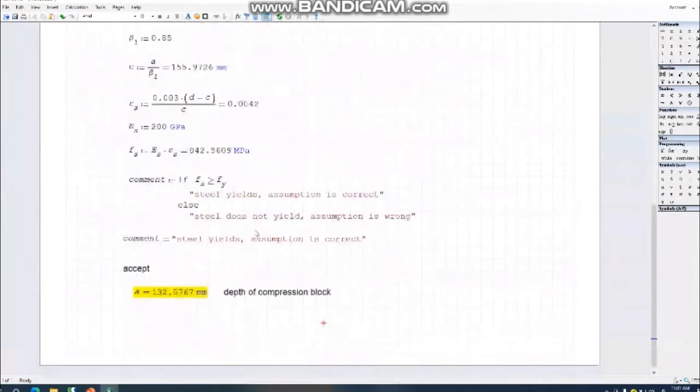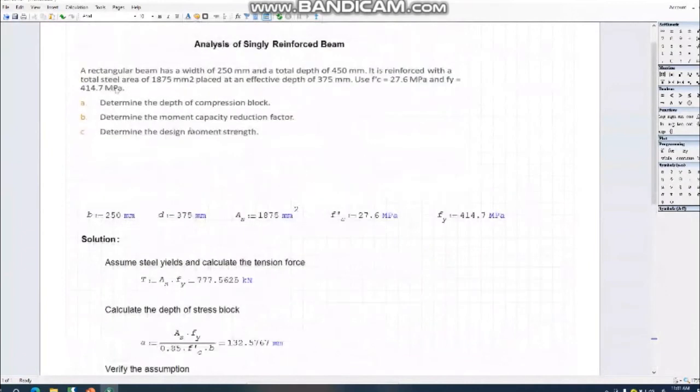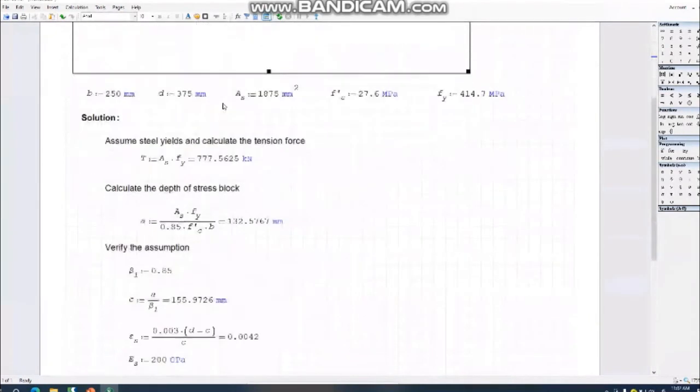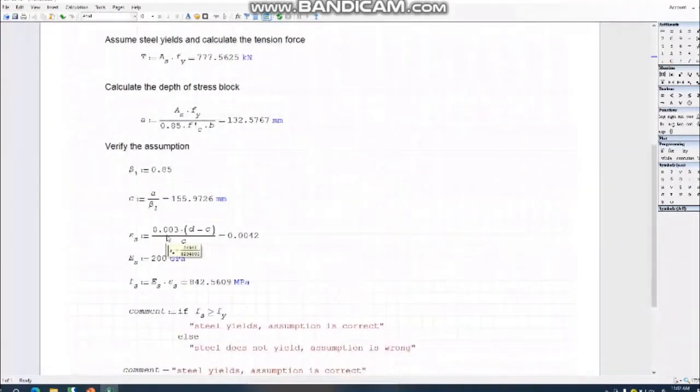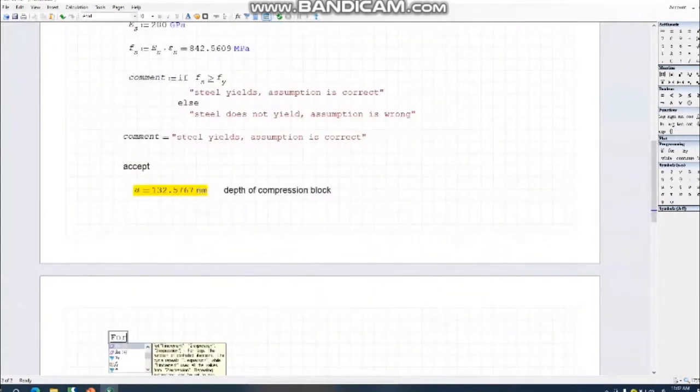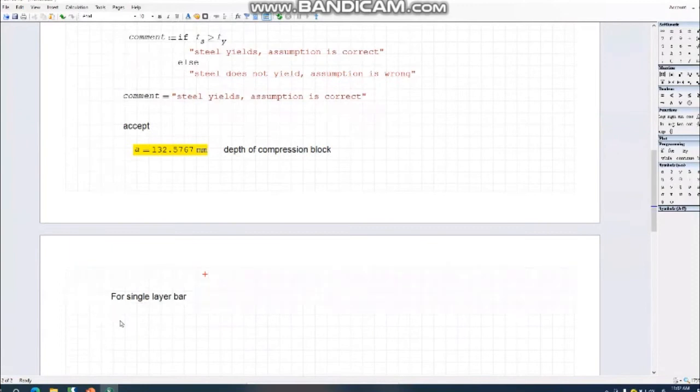Since nothing was mentioned about two layers or one layer, and only the steel area was given, it is safe to assume we have a single layer of bars. In that case, our epsilon s is equivalent to epsilon t.